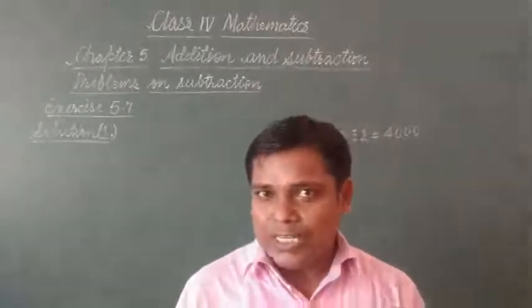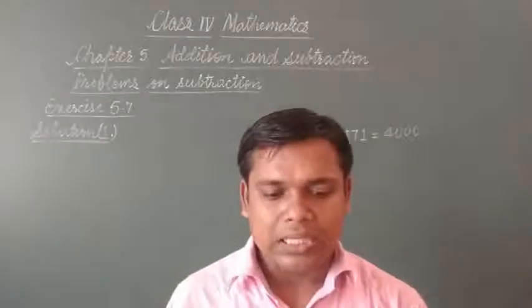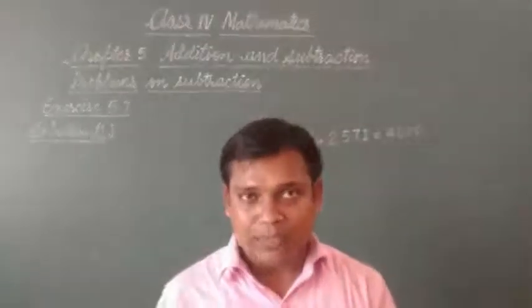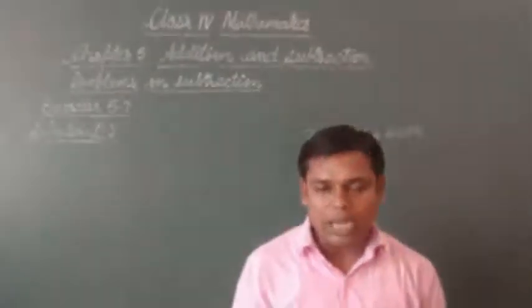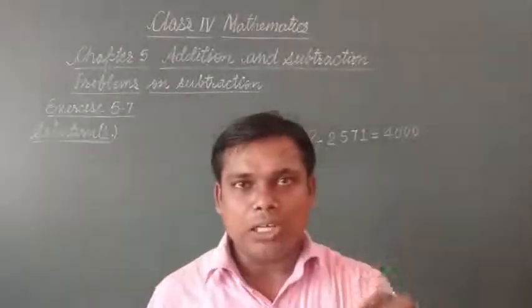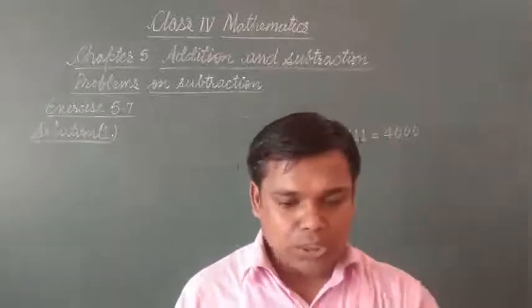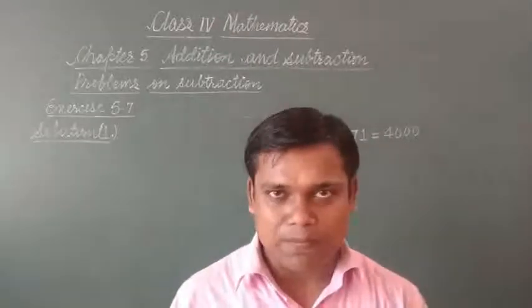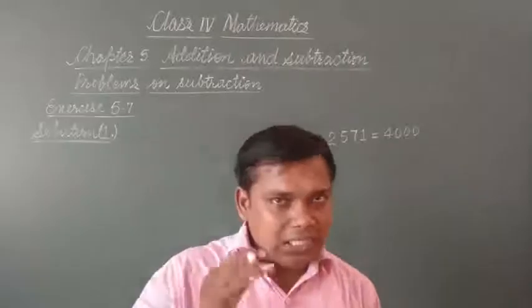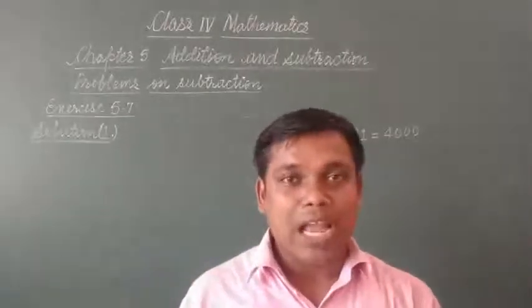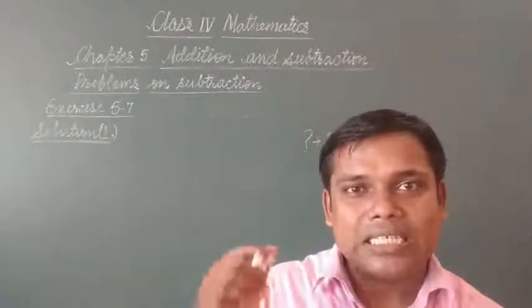Again here you have sum of two numbers, that is 9024. One of the numbers you have is 4159. You have to calculate the other number. So in all these three types of problems, these are the similar problems and we write in the same way.